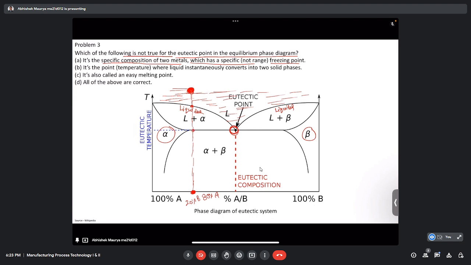But after this line, which is the solidus line, in this region all the liquid phase will go away and only solid phase remains. If we cross this line, we get some amount of alpha and some amount of beta. So this was the point of starting of solidification.